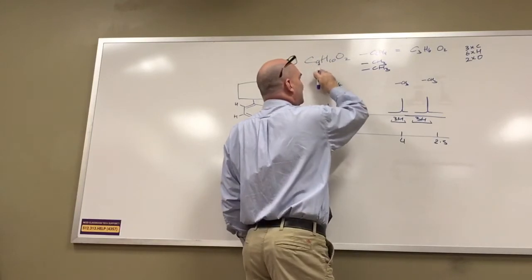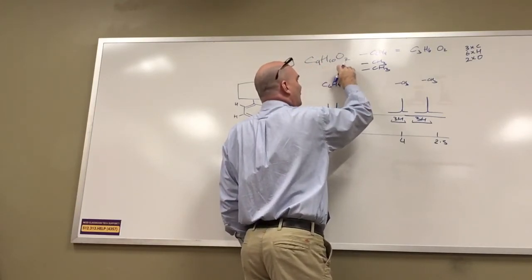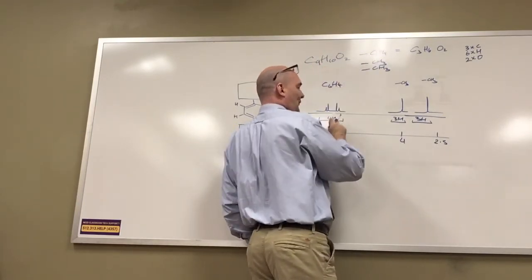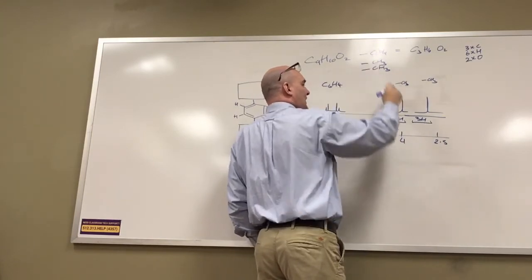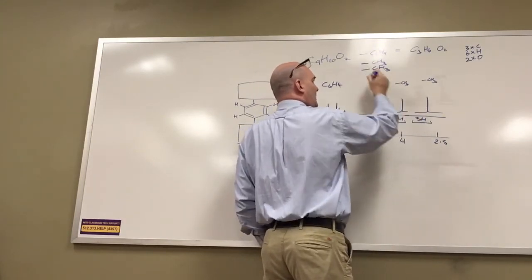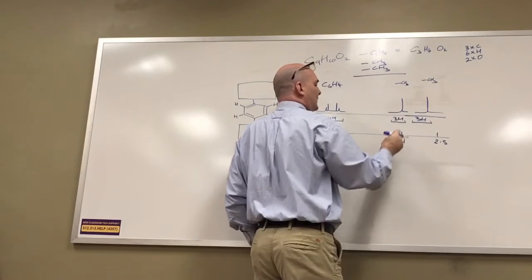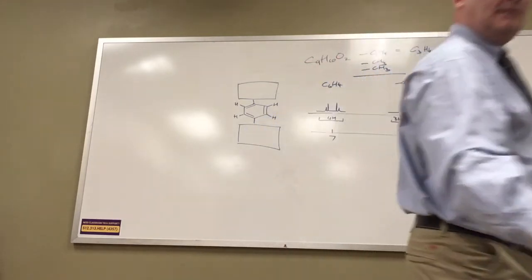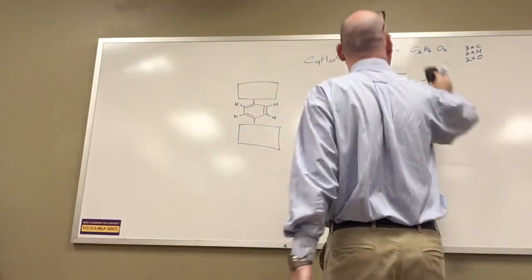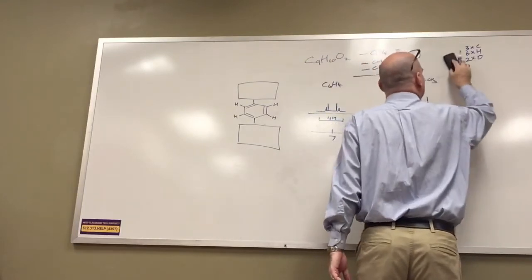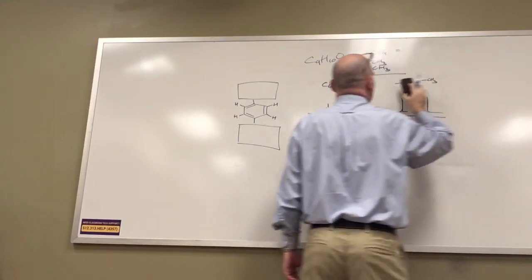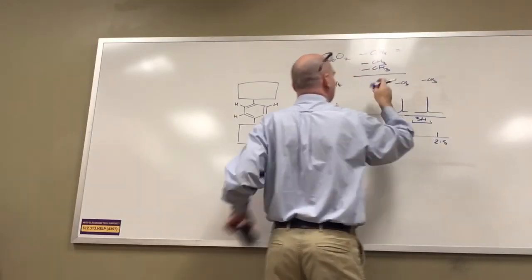So if I take my C9H10O2 and I subtract the C6H4, the CH3 and the CH3, that leaves me what exactly? Not just the 2 oxygens.